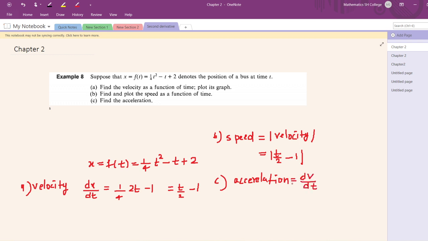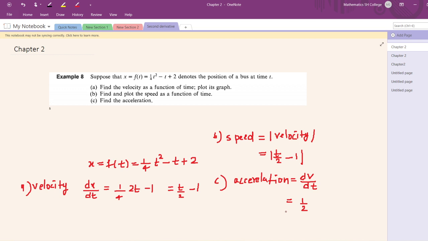So what is dv by dt when you differentiate this? You can see that it is 1 by 2, so it is a constant. Acceleration is the derivative of velocity with respect to time. So we can see that this is moving with the constant acceleration, that is half.